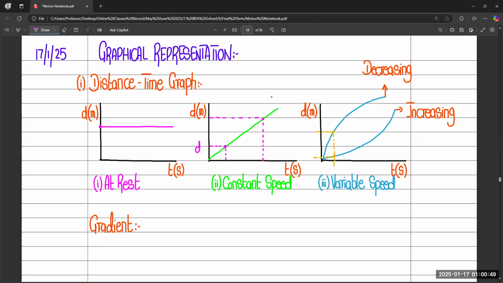This is point number 1, D1, T1. This is T2. So if they ask about the gradient, the formula of the gradient is fixed. The formula of the gradient is y2 minus y1 divided by x2 minus x1. According to the graph, this is the y-axis and this is the x-axis.